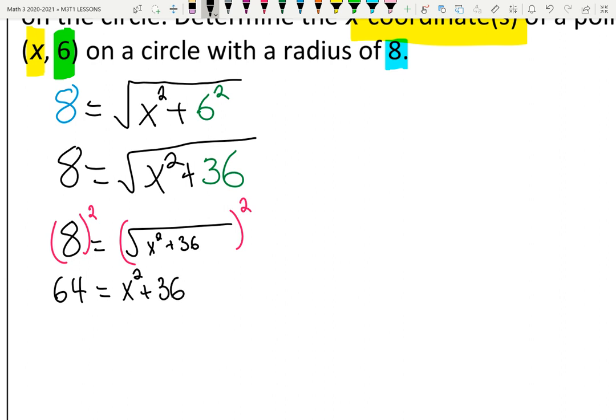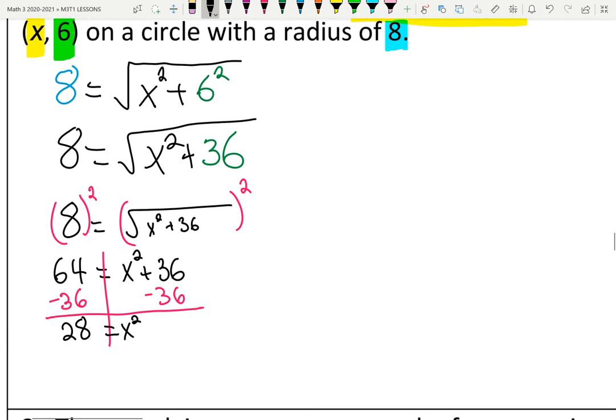I need to get my x term by itself, so I'm going to use the inverse of adding 36, subtracting 36. 64 minus 36 is going to be 28 equals x squared.